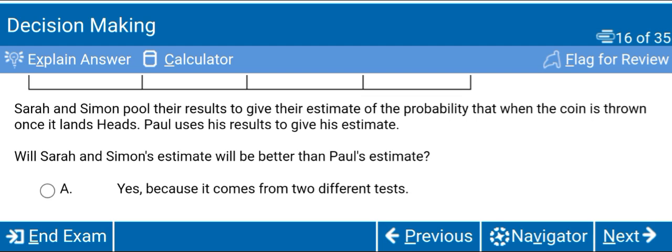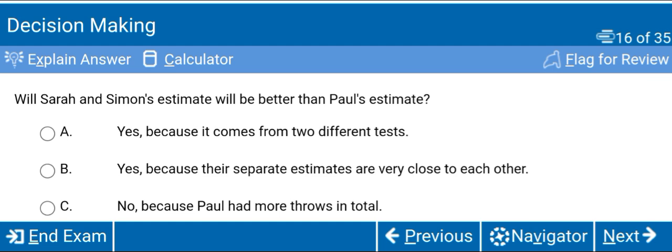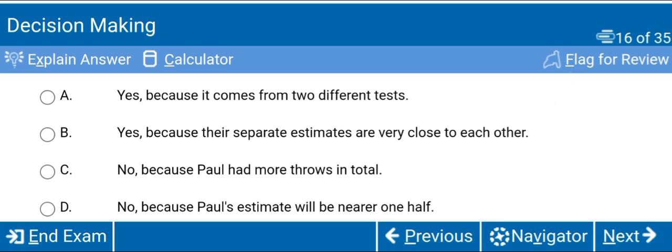Option A, yes, because it comes from 2 different tests. Option B, yes, because their separate estimates are very close to each other. Option C, no, because Paul had more throws in total. Option D, no, because Paul's estimate will be nearer 1/2.